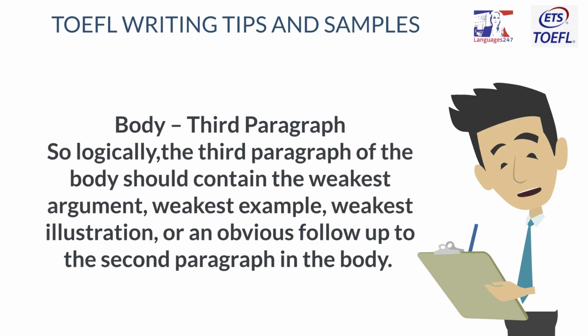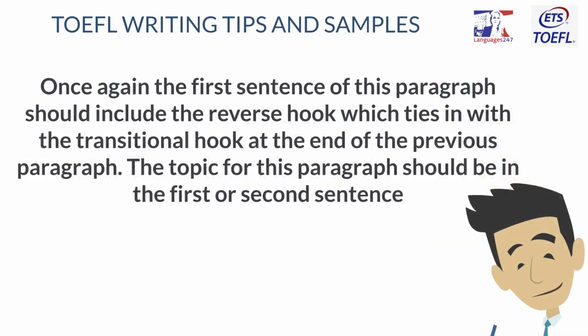Body, third paragraph. So logically, the third paragraph of the body should contain the weakest argument, weakest example, weakest illustration, or an obvious follow-up to the second paragraph in the body. Once again, the first sentence of this paragraph should include the reverse hook, which ties in with the transitional hook at the end of the previous paragraph.